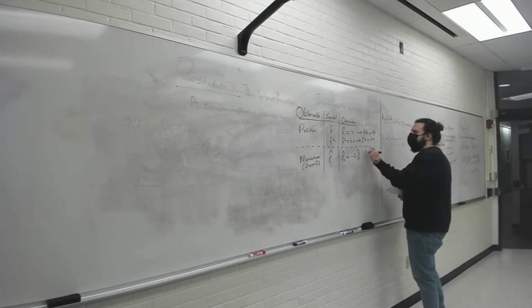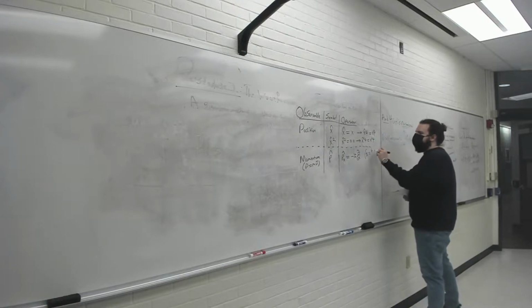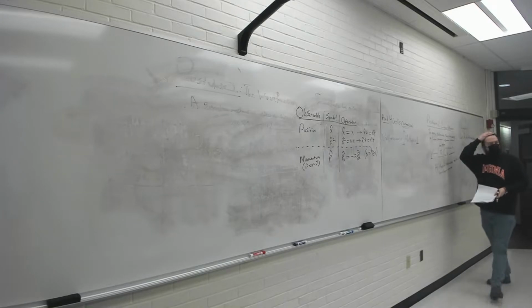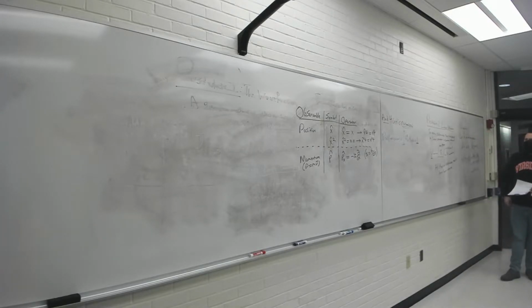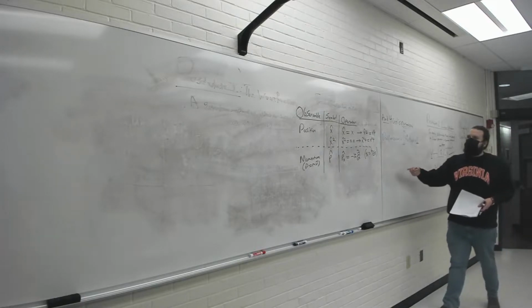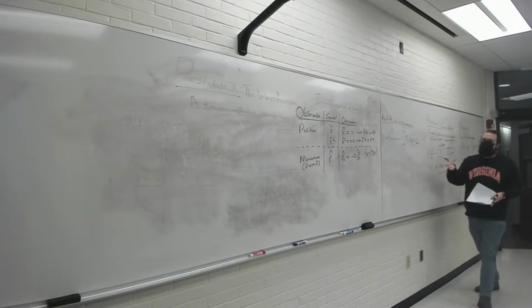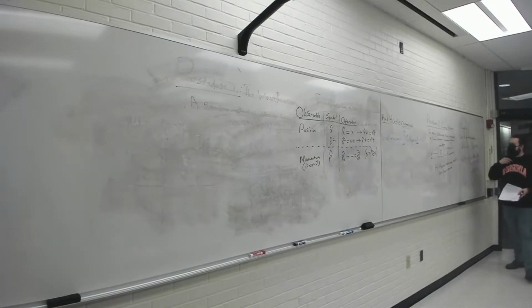Recall that h bar is Planck's constant divided by 2 pi. So when we want to ask a wave function what its momentum is, we multiply it by minus i h bar, and then take the derivative. That will spit out a number times the original wave function, and that number will be the momentum of that object.